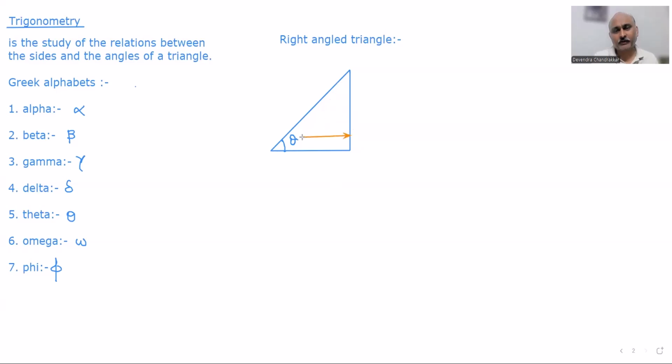The side opposite to angle theta is the perpendicular of this triangle, so we represent it by P. This is base B, and the last side is the hypotenuse H.